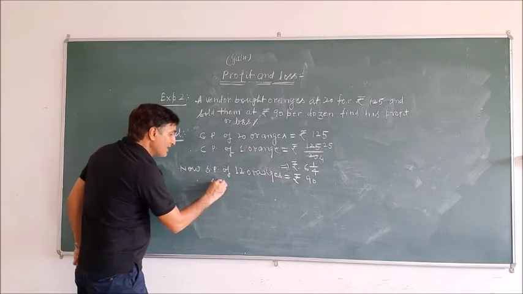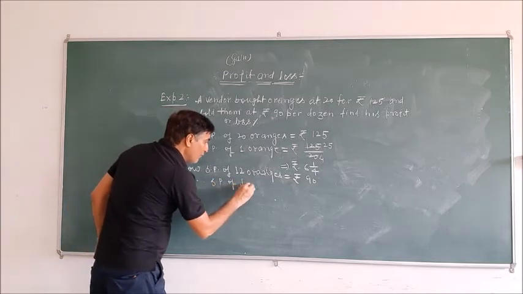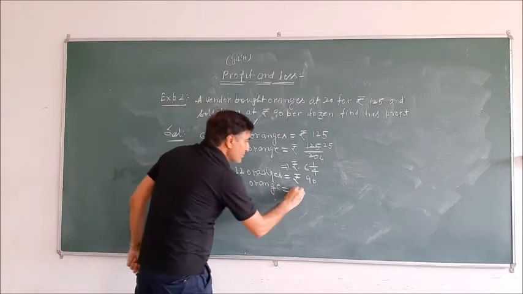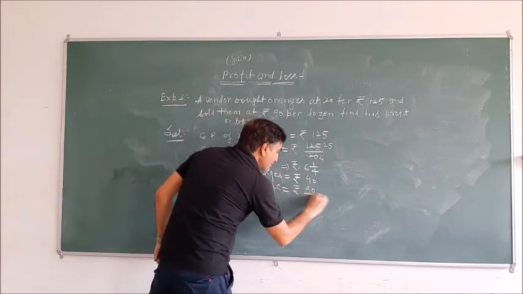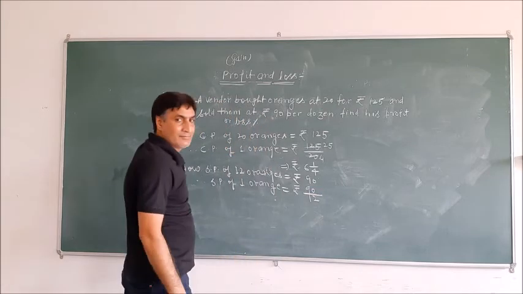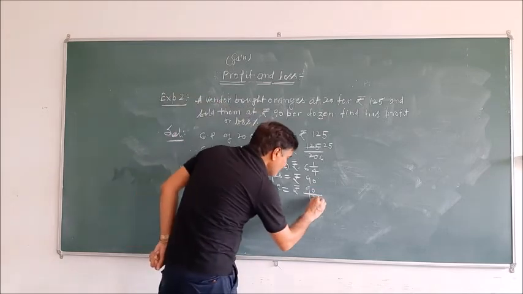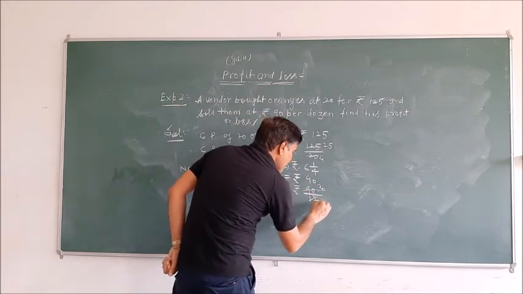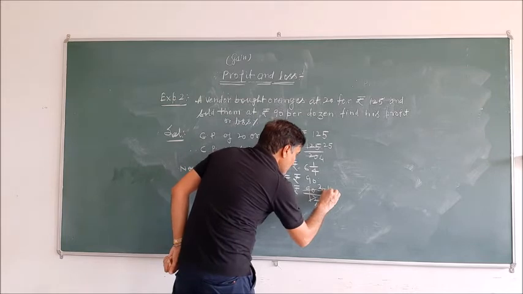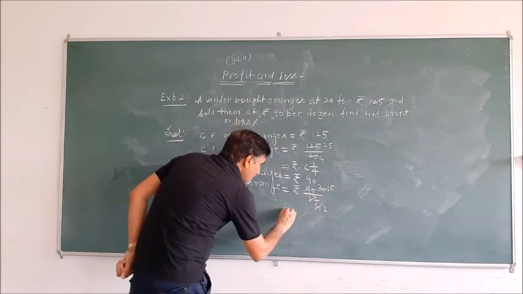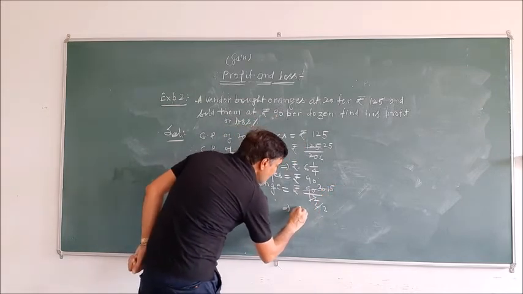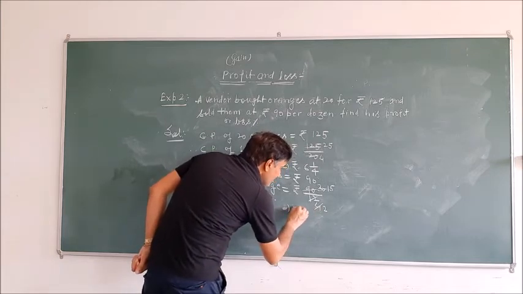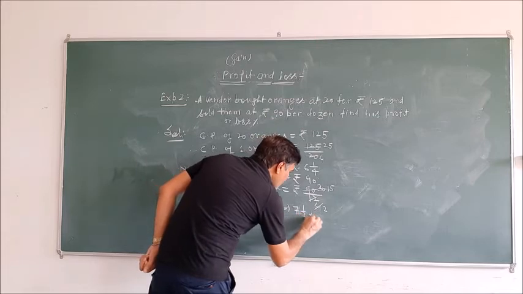Therefore, the selling price of 1 orange becomes rupees 90 divided by 12, and that becomes 15 upon 2, which is 7 whole 1 by 2 rupees.